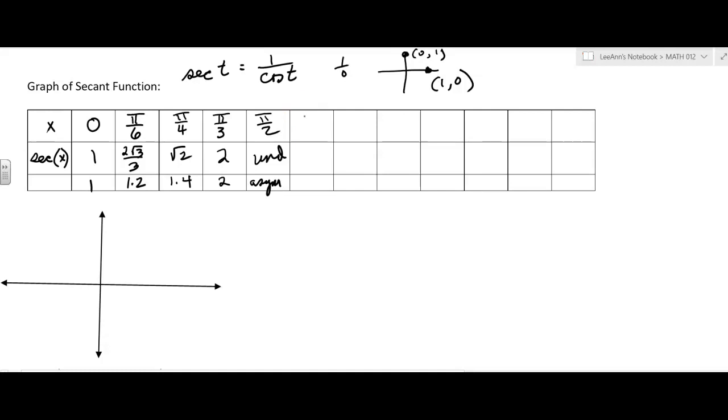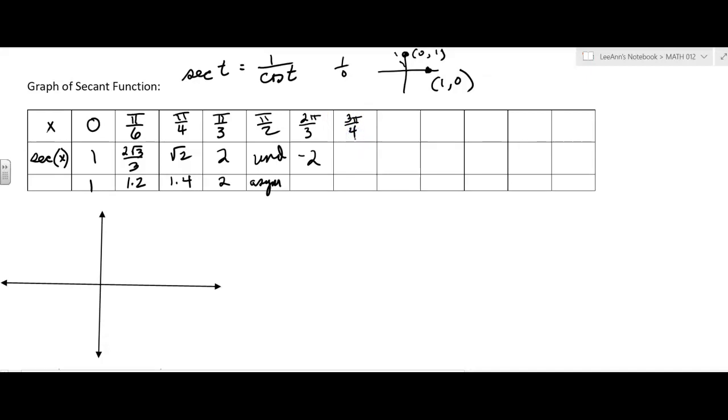Let's go 2 pi over 3. That's going to be negative 2, right? Because you're in the second quadrant now. You're over here, so the x is negative. Then we're going to have 3 pi over 4.